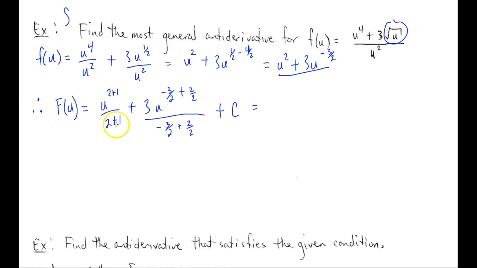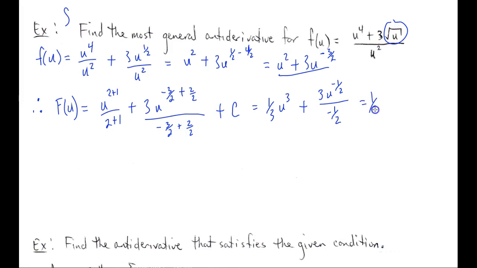So here we know that 2 plus 1 is 3, so this just ends up being 1/3 u cubed. And in our denominator here we have a negative 1/2, and this will be 3 raised to the u negative 1/2.